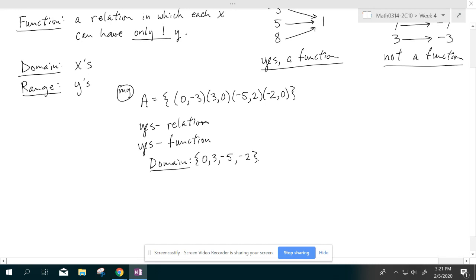There you go. And there's the domain. And I would also like the range. -3. Good. And you see I didn't write the 0 again because I already accounted for it.